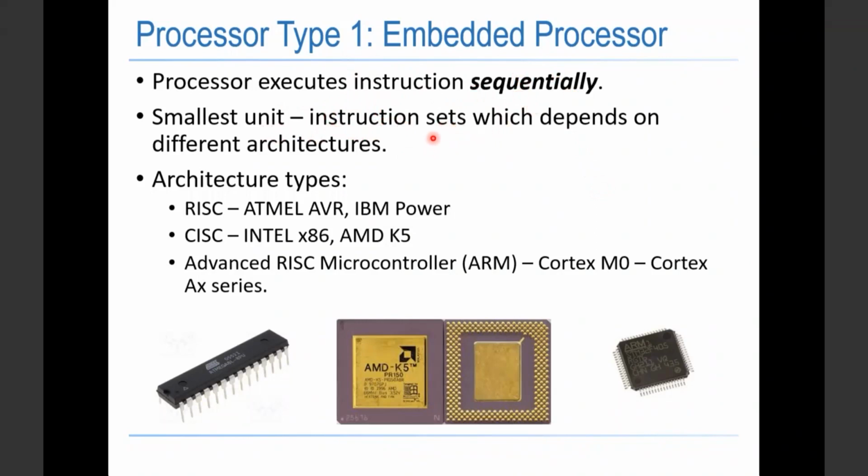There are three computer architecture types used in the embedded system. One we call RISC. RISC is a reduced instruction set computer. RISC utilizes a small, highly optimized set of instructions, which executes one action per instruction.